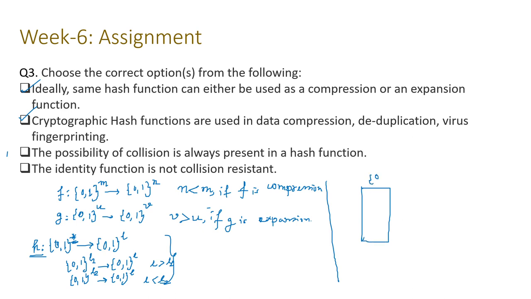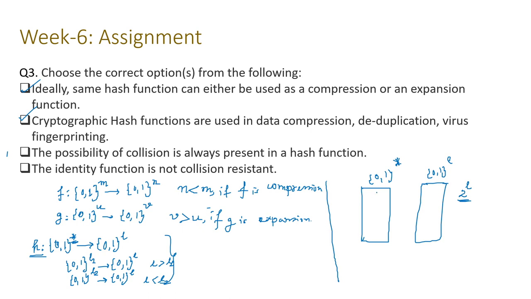There is always this possibility of collision, the main reason being that you are going from an arbitrary length string to a fixed length string, so you have a limited range of values. Let's say you are allowing L bits in the output of your hash function, that means you have 2 to the power L different outputs available.